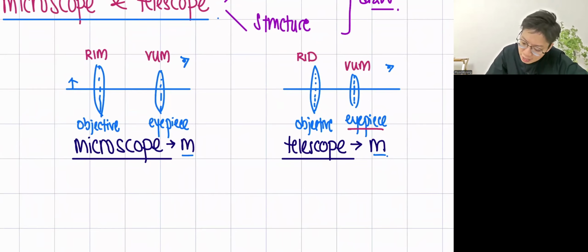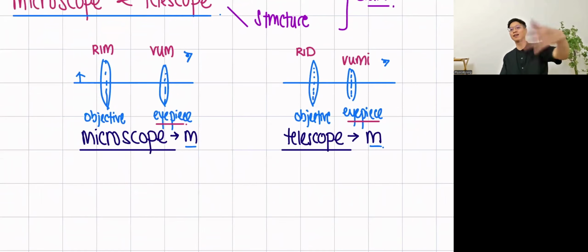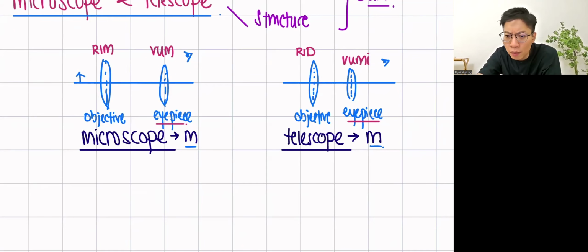So you see, the eyepiece is actually identical, VUM, VUM. But actually this one has a slight difference, VUMI. I take back my word just now. So we need to know these two things first. Their characteristics are slightly different.